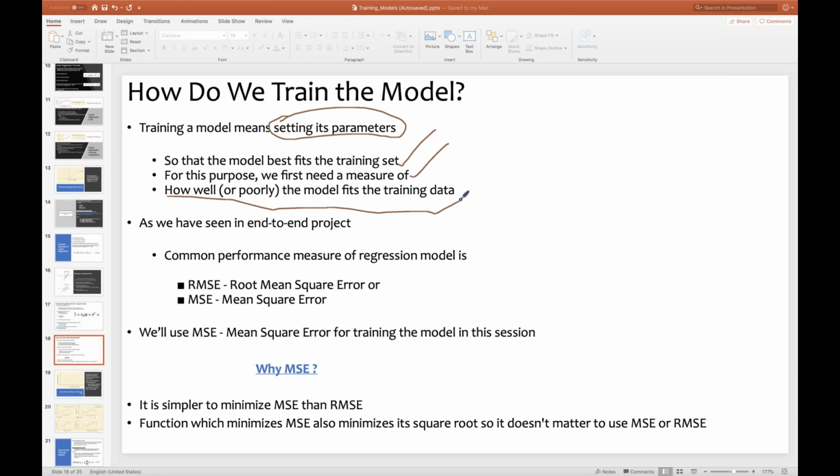If you understand the flow, automatically you will love the subject and the approach. So whenever you're training a model, you're setting its parameters. When you are setting its parameters, that means you are trying to do a best fit for the training set.